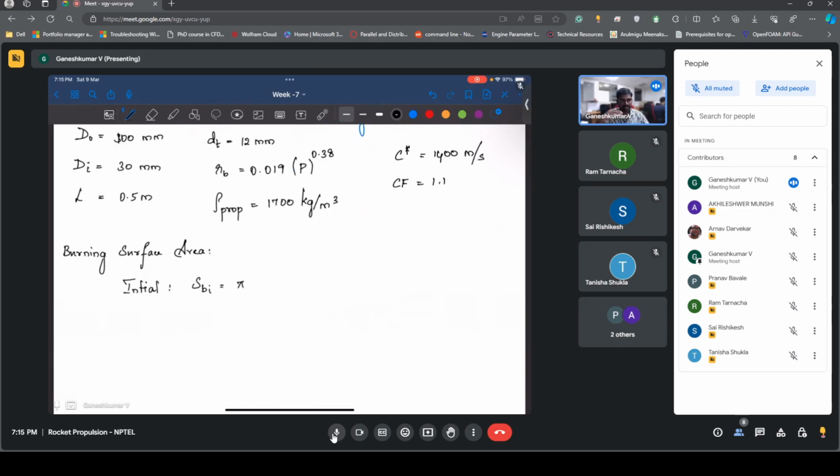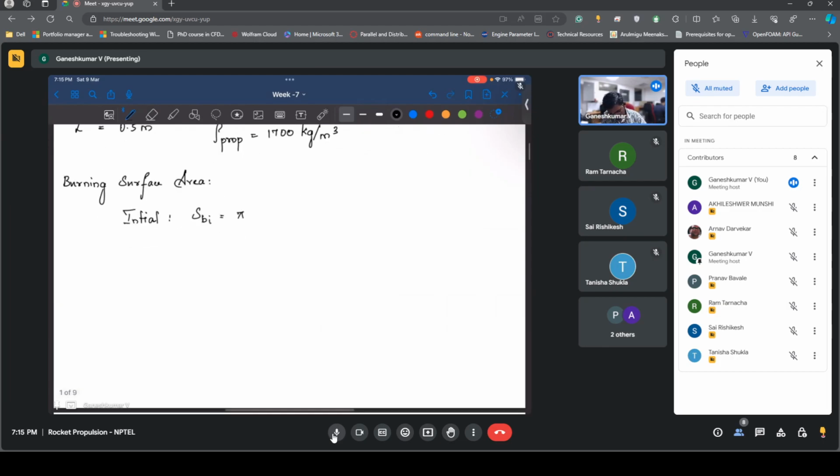This is the inner surface area of this hollow cylinder. So pi into di into l. This is your initial, and the final is going to be SB final, which is pi df l.